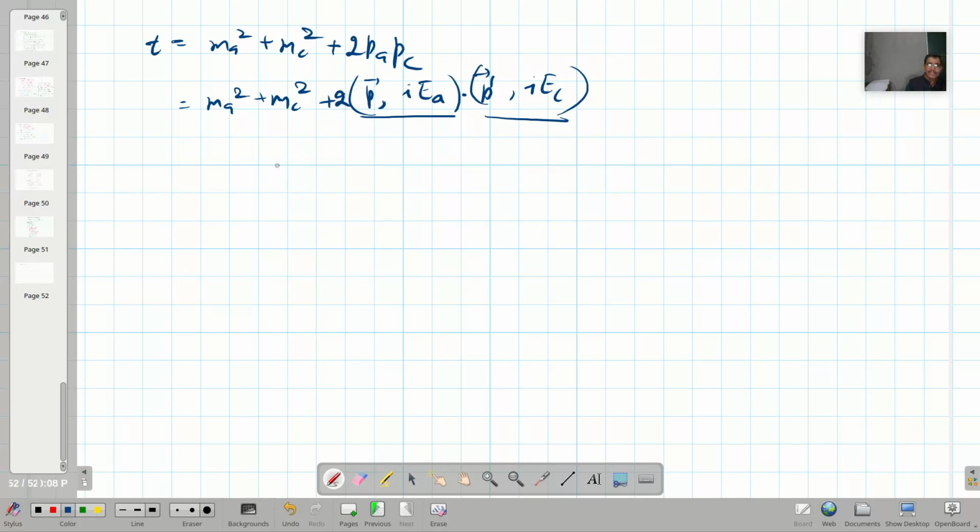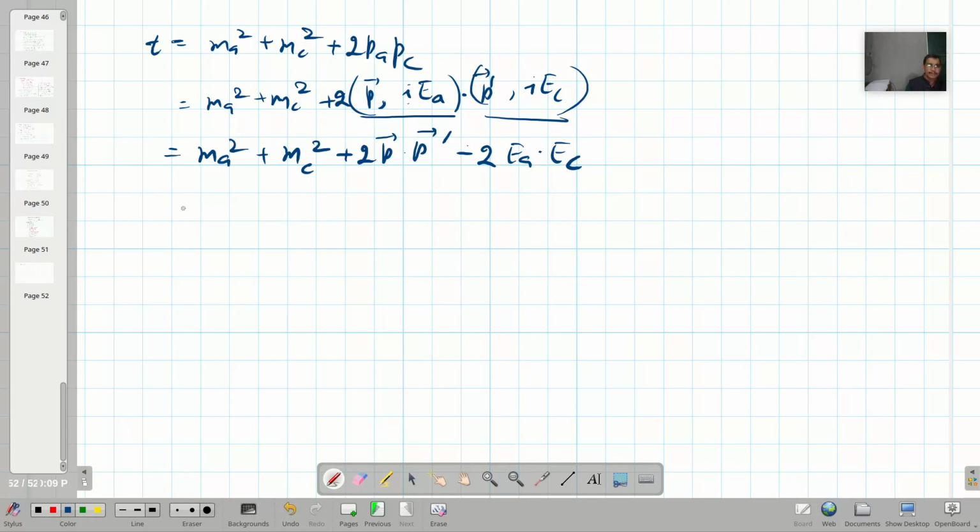So how can this be modified? This is MA square plus MC square plus 2 P dot P prime minus, because this iota and this iota will be iota square, so it is minus EA dot EC. It's like a dot product, right?